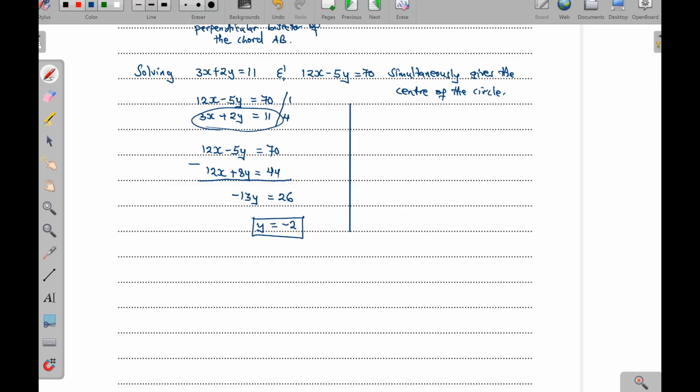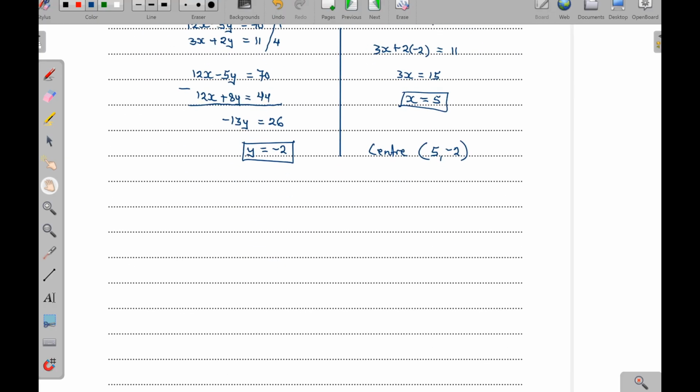Maybe I use this one here: 3x plus 2 times negative 2 is equal to 11, and then 3x will be equal to, this is a negative 4. When it crosses, it adds to the 11, then you get 15. That means x will be equal to 5. So the center of that circle is 5, negative 2. Are we there?